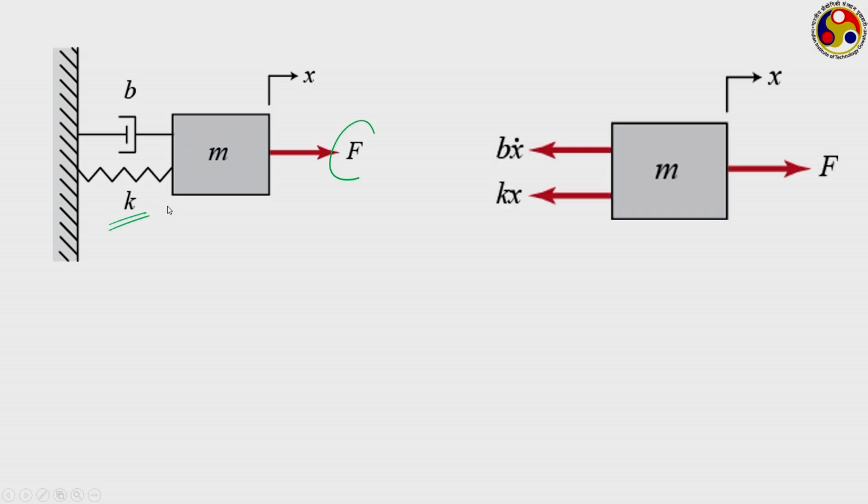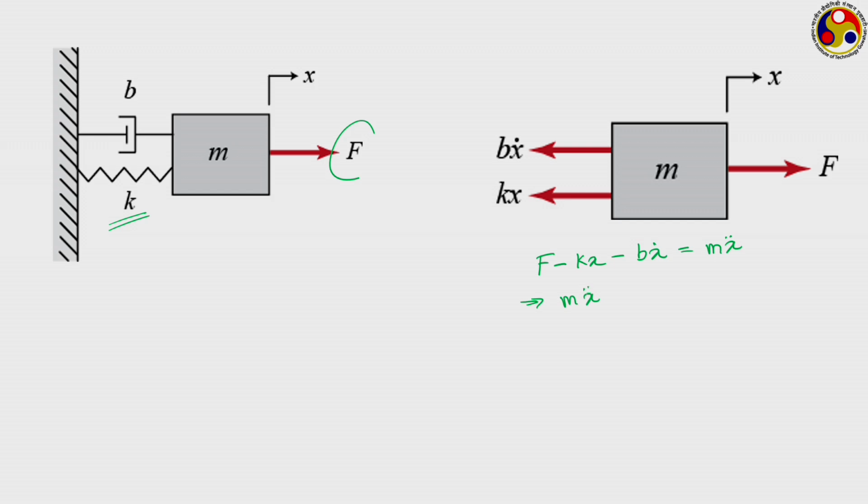Now we know that the force experienced by the spring is proportional to the displacement, whereas the force experienced by the damper is proportional to the velocity, and both of them will be acting opposite to this F. So, from this free body diagram, we can write that F, which is acting in the positive x direction, minus kx minus b x dot should be equal to m into x double dot, mass into acceleration, following Newton's second law of motion.